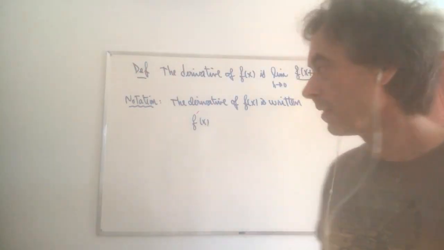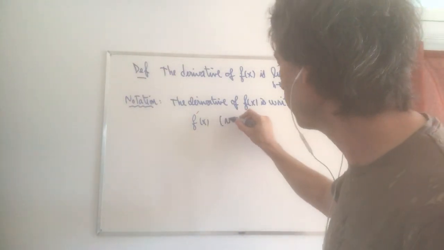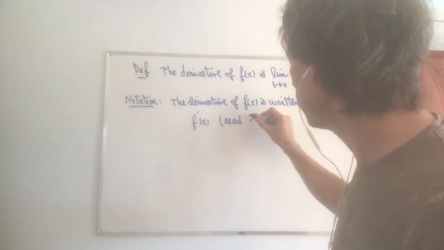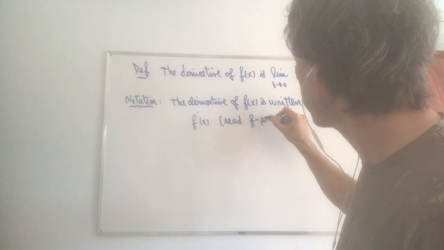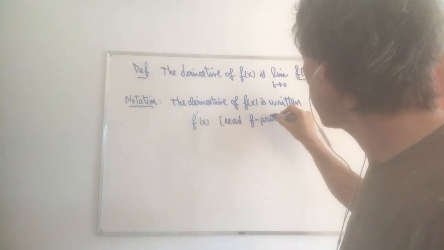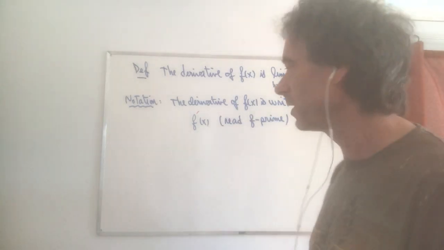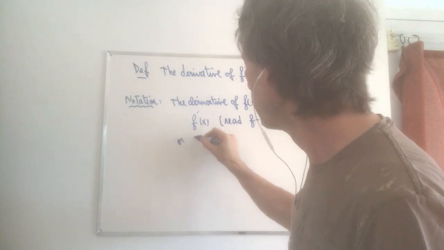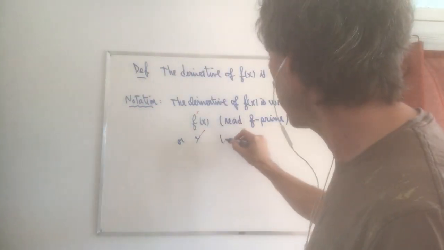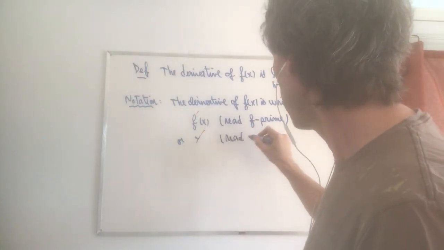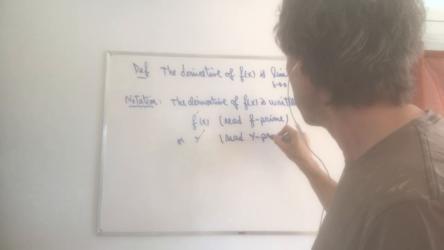Those of you who know, it's read f prime. We read this as f prime. Yeah, like Amazon Prime. That's it. Or y prime. This is also read y prime.